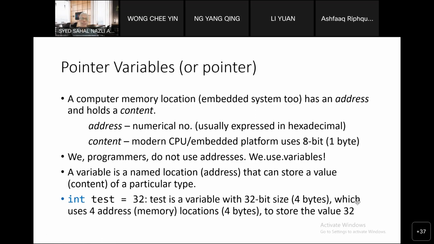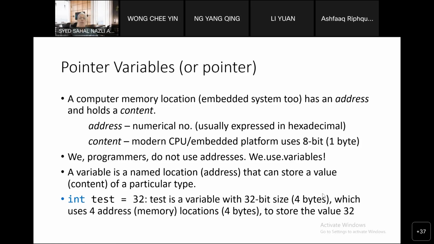For example, when we mention integer test equal to 32, it means that this variable test is 32-bit size. Integer is 4 byte, so 4 byte is 32-bit size, 4 multiplied by 8. As I mentioned, memory is only 1 byte per location.